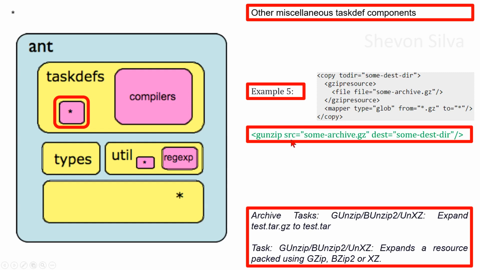The same is also true for bunzip2 and bzip2 resource or unxz and xz resource. Copy offers additional features like filtering files on the fly, allowing a file to be mapped to multiple destinations, preserving the last modified time or configurable file system timestamp granularity.